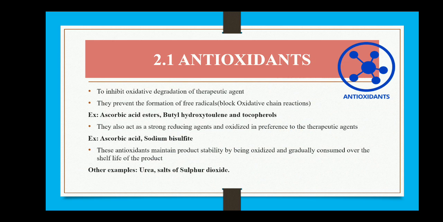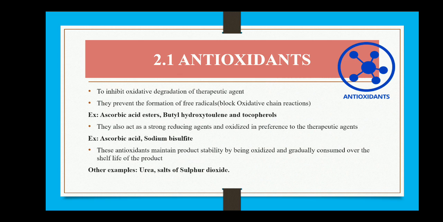Let us see different types of additives used in the preparation of parenteral products. First example is the antioxidants. Antioxidants are used to inhibit oxidative degradation of the therapeutic agent. They are used to prevent the formation of free radicals by blocking the oxidative chain reaction. Examples: ascorbic acid esters, butyl hydroxytoluene and tocopherols.